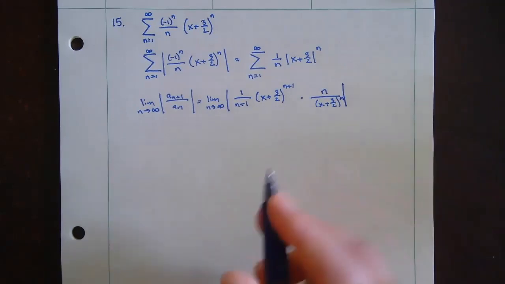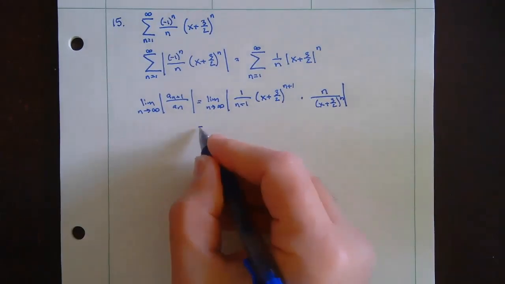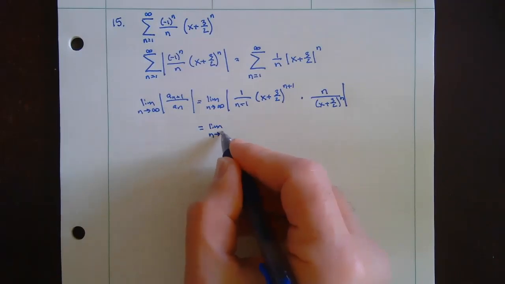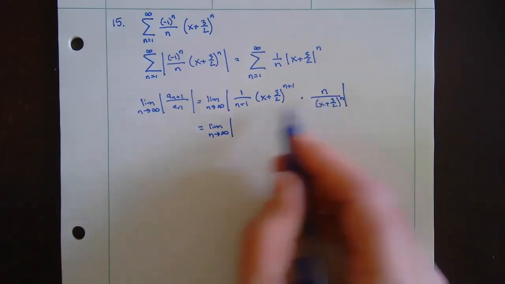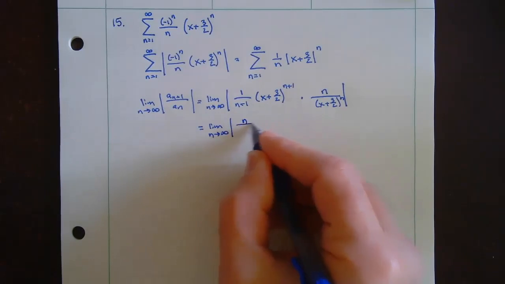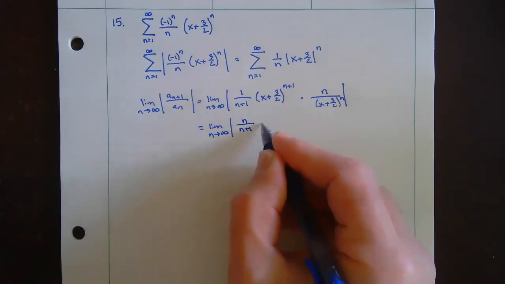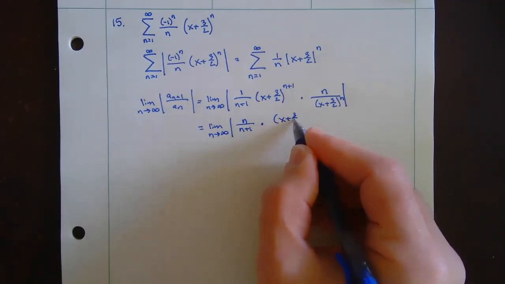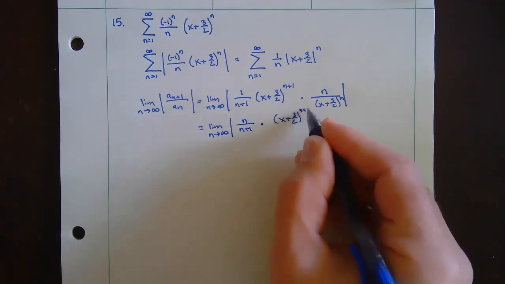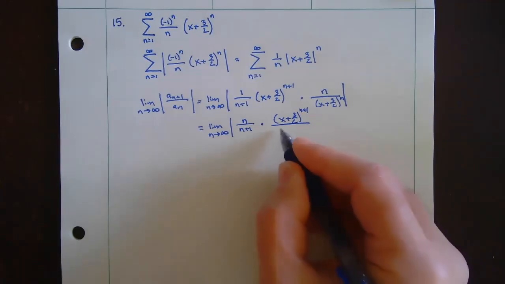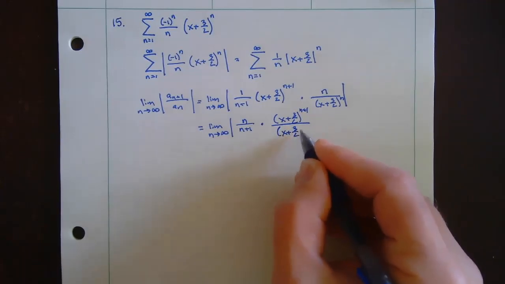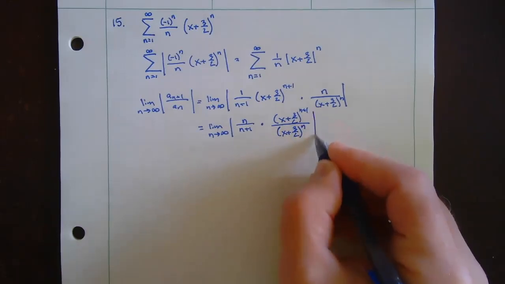I'm going to rearrange this so I have the correct terms together: n over n plus 1, times (x plus 3)/2 to the n plus 1 over (x plus 3)/2 to the n.